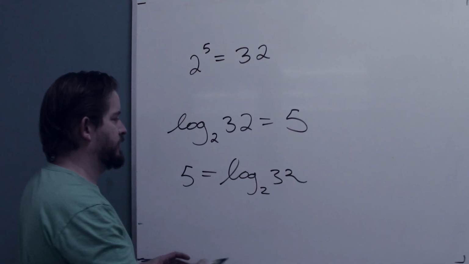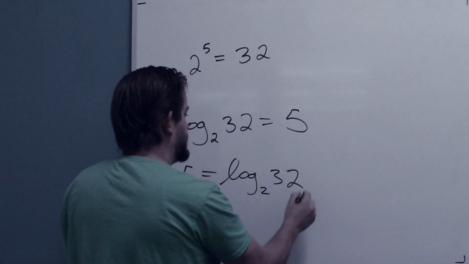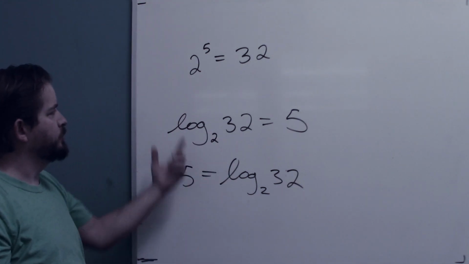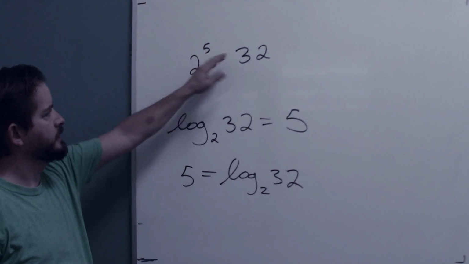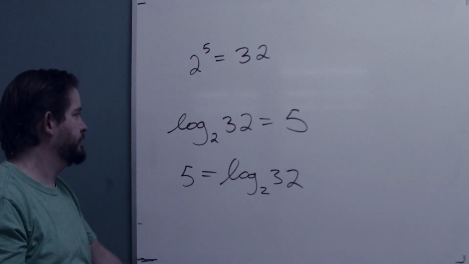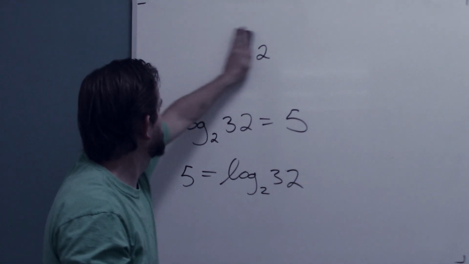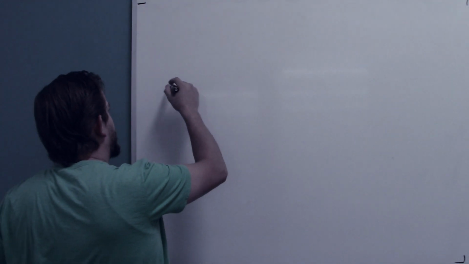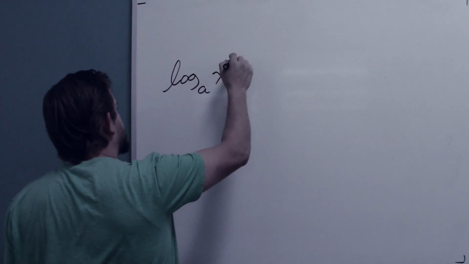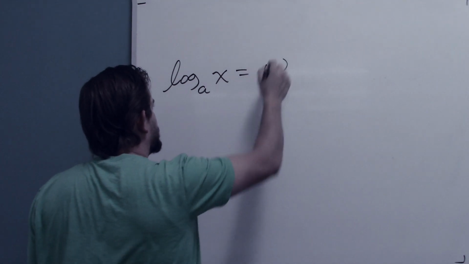These are the same thing, they're just on the opposite sides, right? The important thing is that the base of the exponent hooks up as the base of the log of the other side. So if we have just random log base a of x equals w, right?